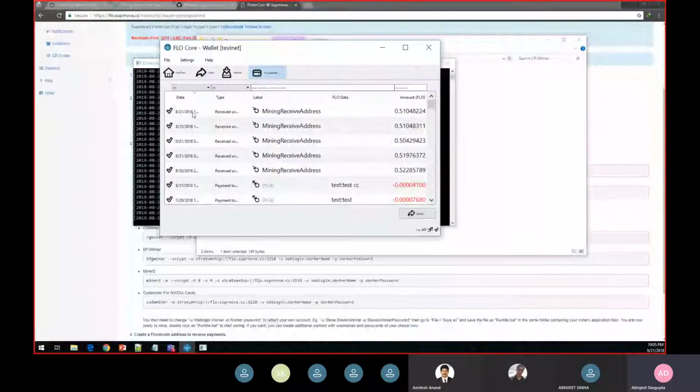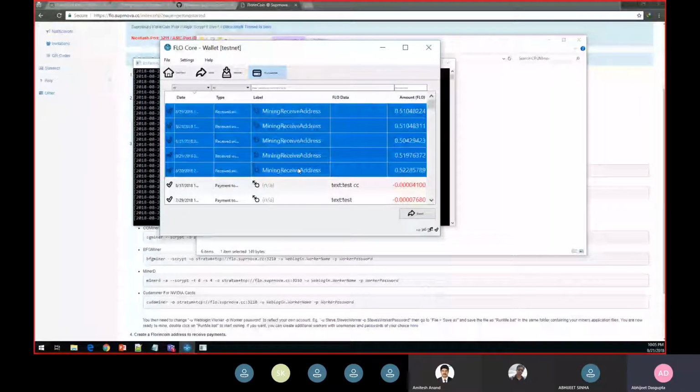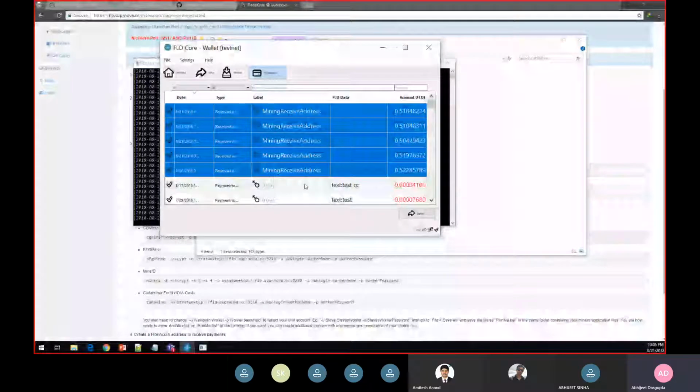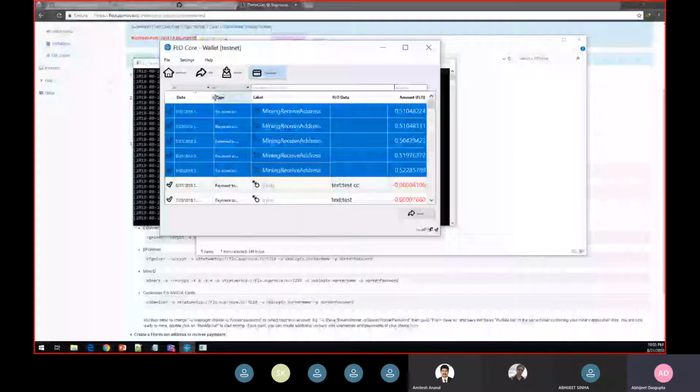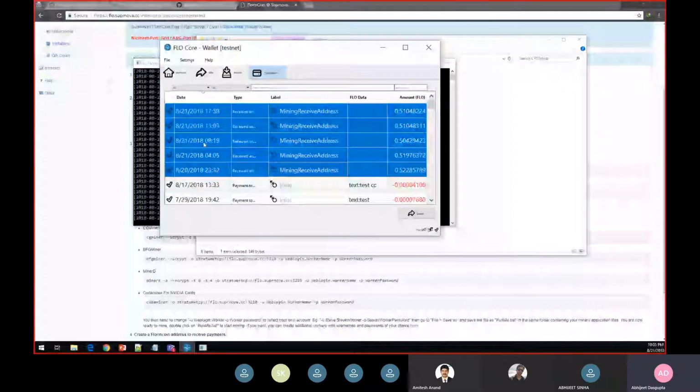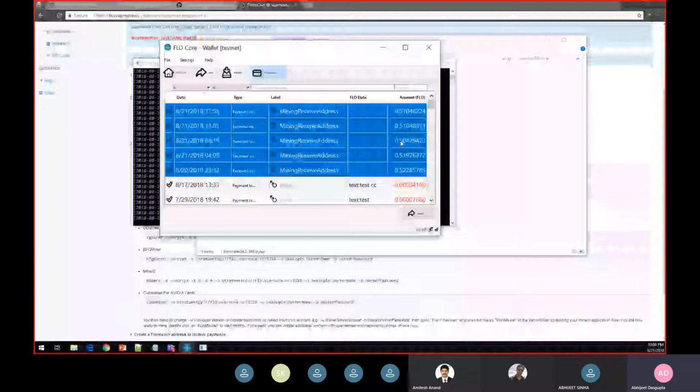Once you mine and your wallet is opened after the mining process is completed, it usually takes an hour or two for the balances to reflect in your account. So if you see the mining process that I did this morning, sometime on the 21st and 20th of August, I got some 0.51, 0.50 coins for my efforts.